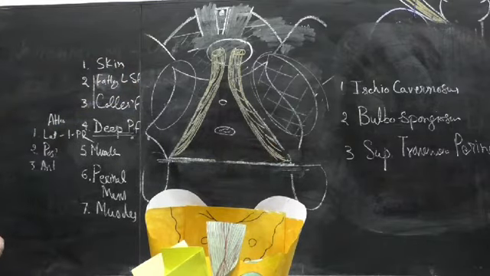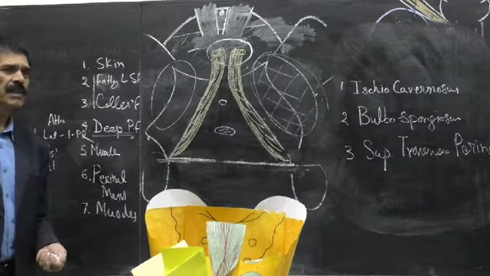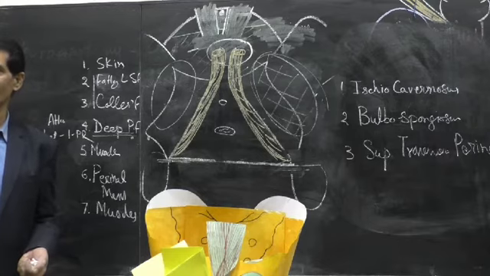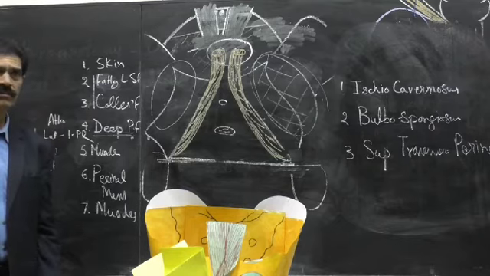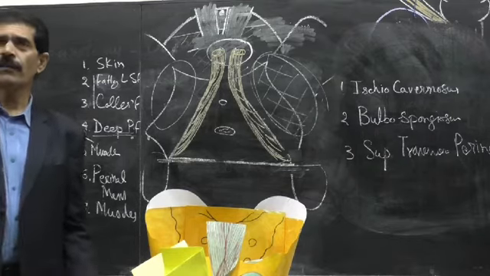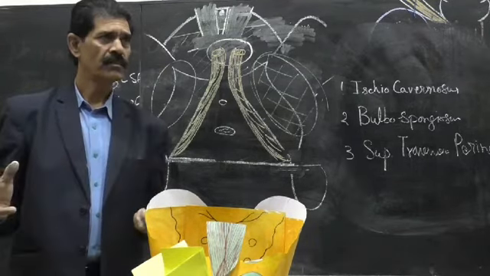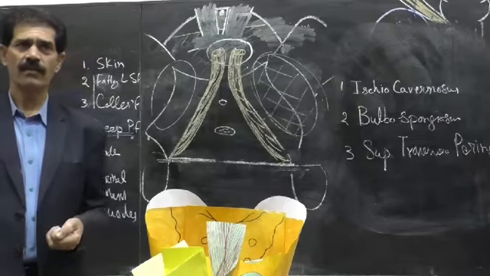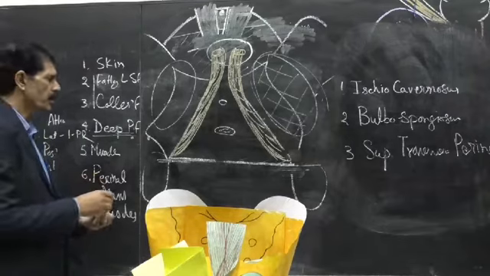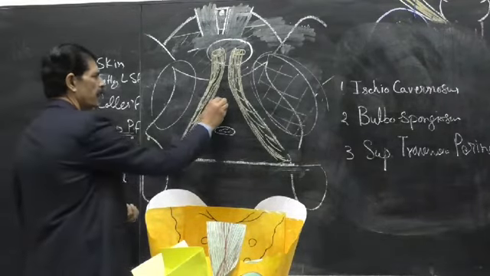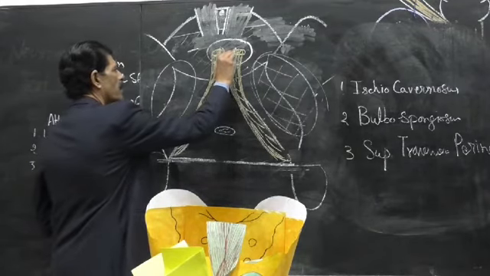Then comes the bulbospongiosus. Again going to the name: bulbo means it is bulb-like, spongiosus means it is spongy in texture. So the bulbospongiosus muscle is the muscle of the urethra. It is around the urethra, and because of its spongy nature, it gives space for dilatation during the passage of urine. So that's why the name is bulbospongiosus, the muscle around the urethra. So the urethra is here, going into the penis on the ventral aspect.